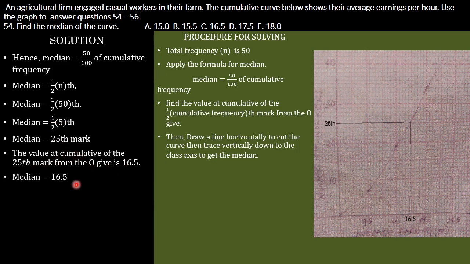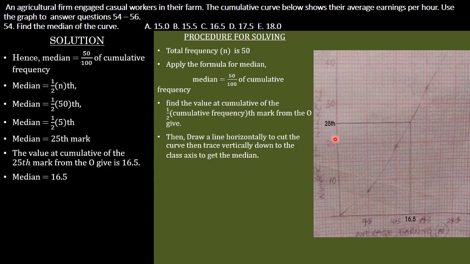From here now, median, the 25th mark, let's check the value at the 25th mark from the ogive. You are to draw a line horizontally to cut the curve. We are to check for the 25th mark. Here is 10, here is 20, here is 30. From here, the 25th is in the range of 20 to 30.